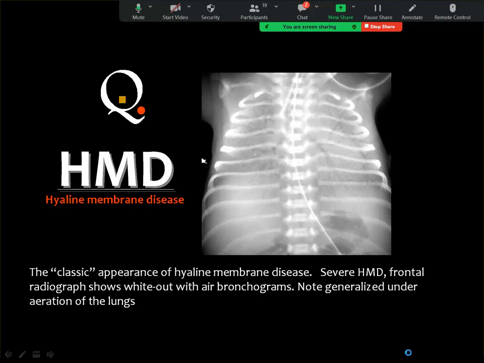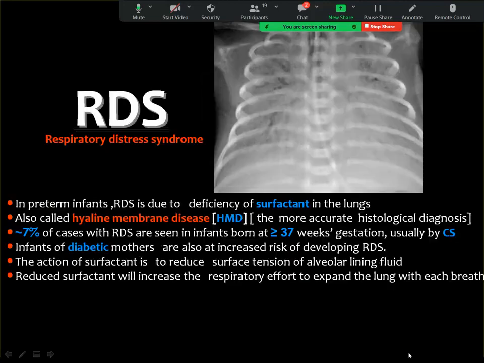syndrome or hyaline membrane disease. This is usually seen in preterm infants, and the underlying cause is the deficiency of surfactant in the lung.